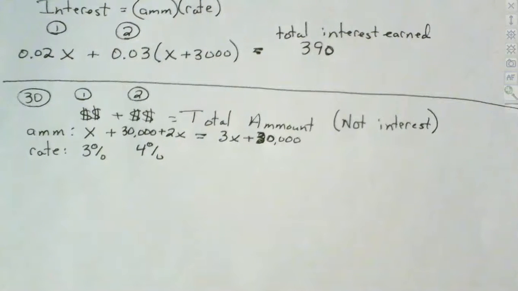We have not dealt at all with the 5,600, because what is the 5,600? Interest. That is the last part that we look at. There's a big difference between interest and the amount in the account. Here's an example.